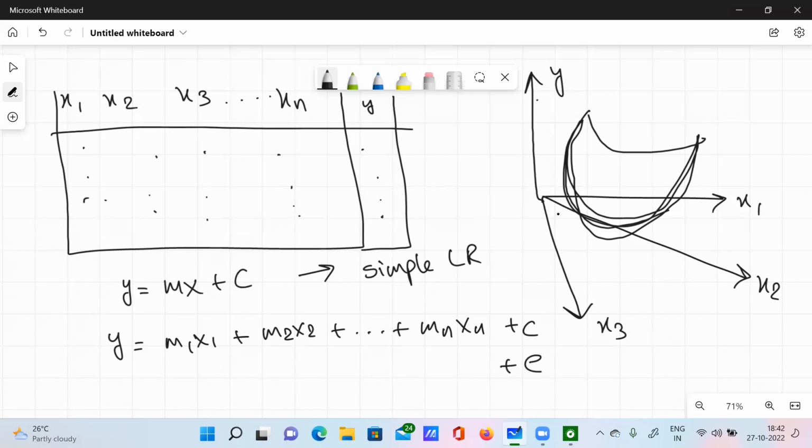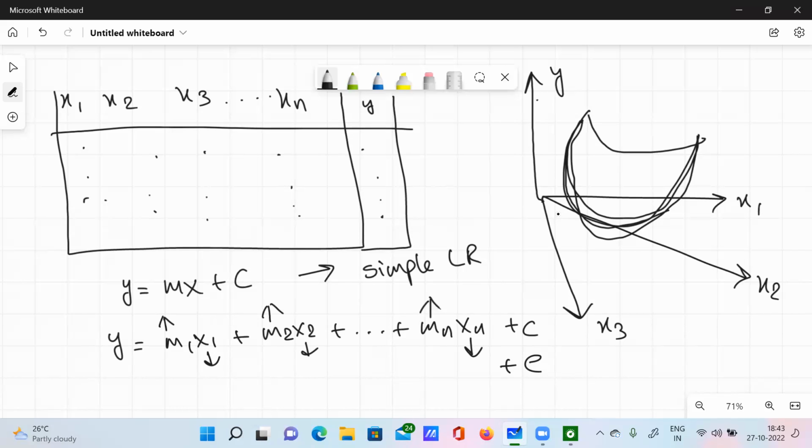So what is it actually? See here, we have x1, x2, and so on till xn. So there are many independent variables, right? For each of the independent variables, we have one particular weight, that is m1, m2, and so on, mn.